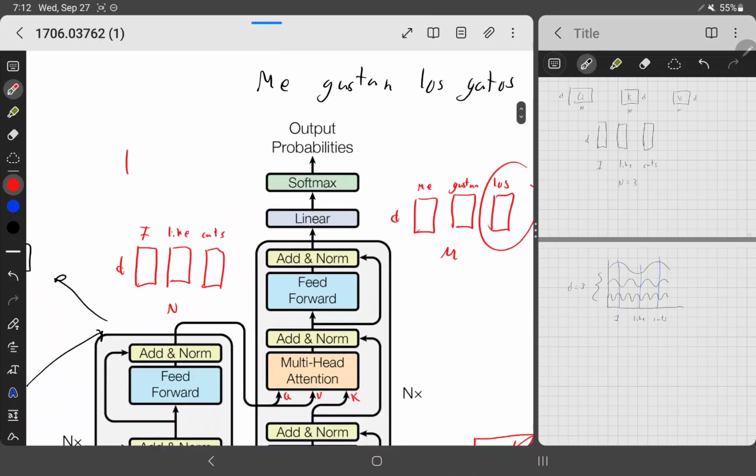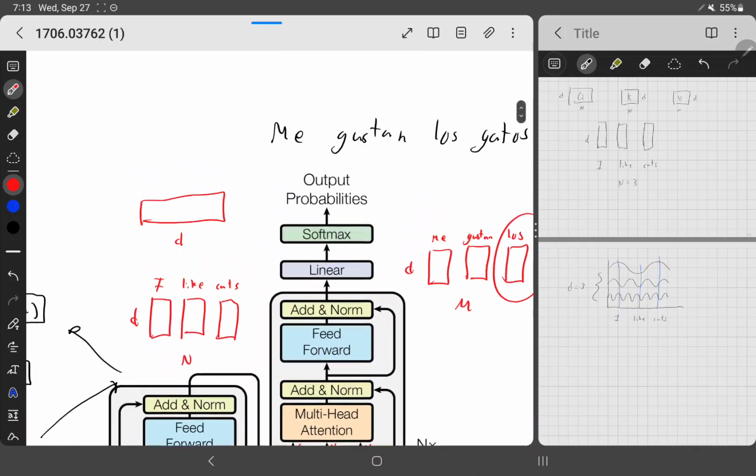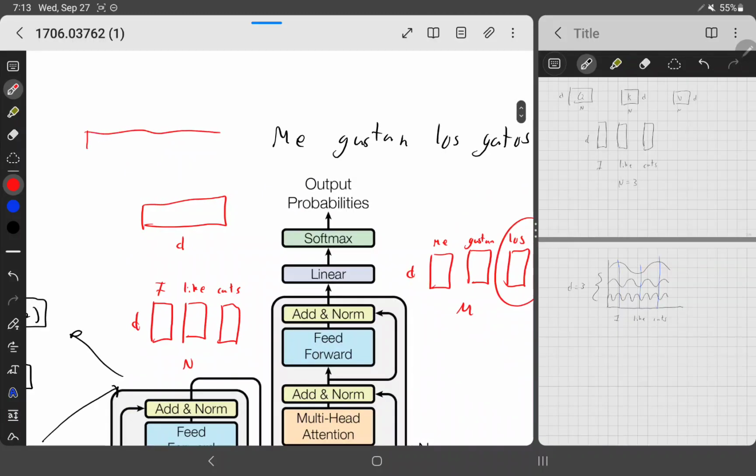The linear layer basically takes this token here, which is of shape D, and broadcasts it to this massive vector here using a feed forward layer of shape V, where each of these values represents a probability, because you do a softmax, of that word being next. So this would be "gatos". One of these represents the word "gatos". So if we have "me gustan los gatos", maybe you have some other words, then it'll be every word that you know of, and that'll be the output prediction.